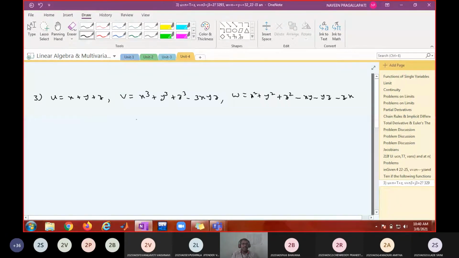Now we have three functions in three independent variables. Therefore, what is J? Dou of u v w by dou of x y z equals the determinant: first row ux, uy, uz; second row vx, vy, vz; third row wx, wy, wz.